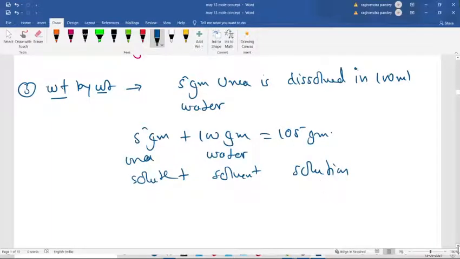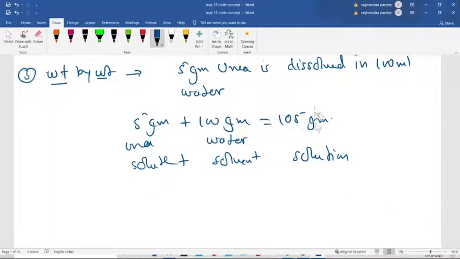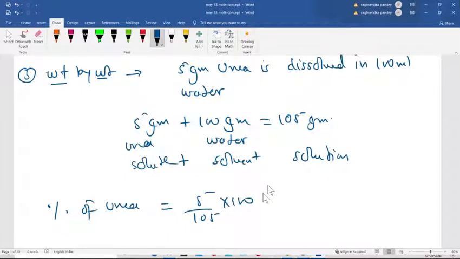So 105 gram. Now suppose they want to find the percentage of urea. The percentage of urea is 5 by 105 into 100. Don't do it like 5 gram divided by 100, that will not be correct.